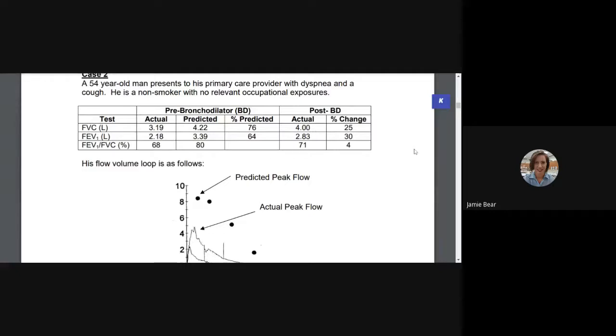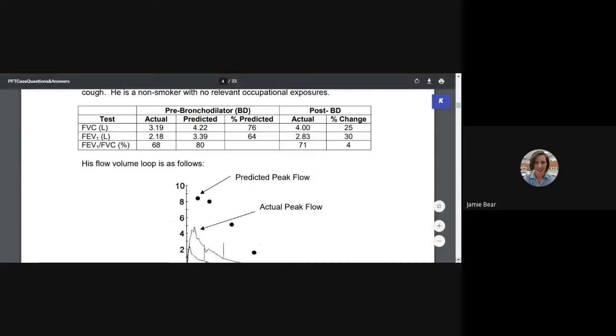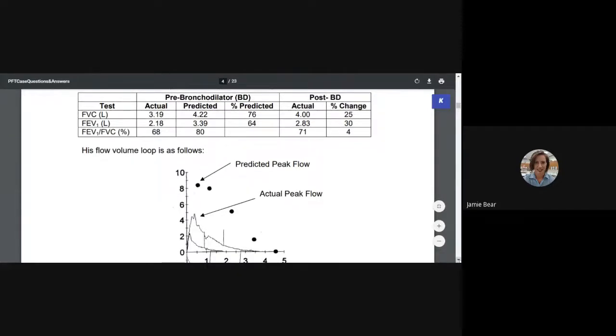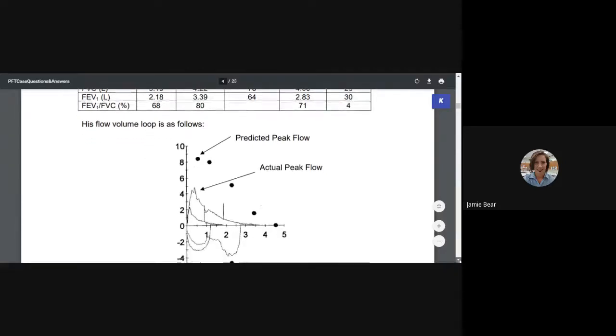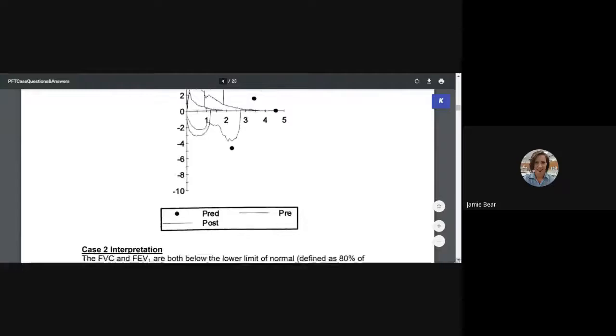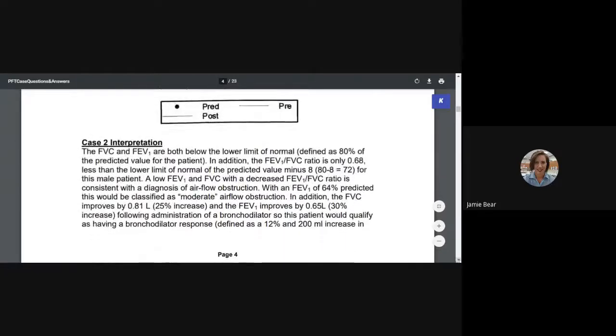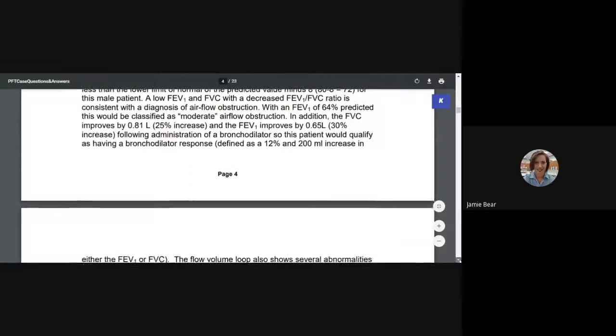According to the NBRC standards, there has to be a 12% change in order for us to say that the bronchodilator was effective. So to summarize, this guy showed an obstructive pattern that was reversed by a bronchodilator. Okay, so that's what they just talked about here.